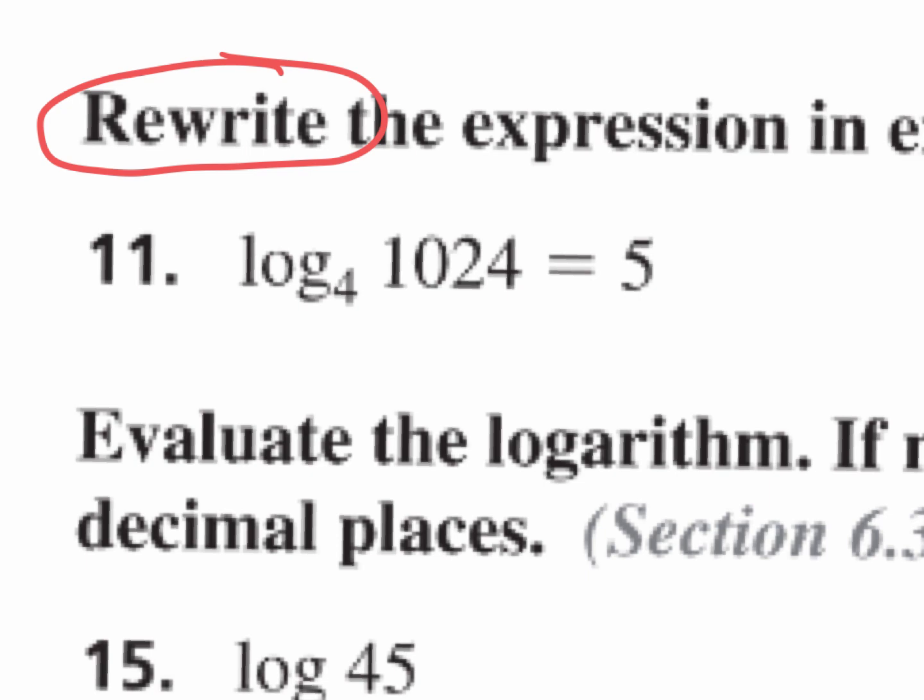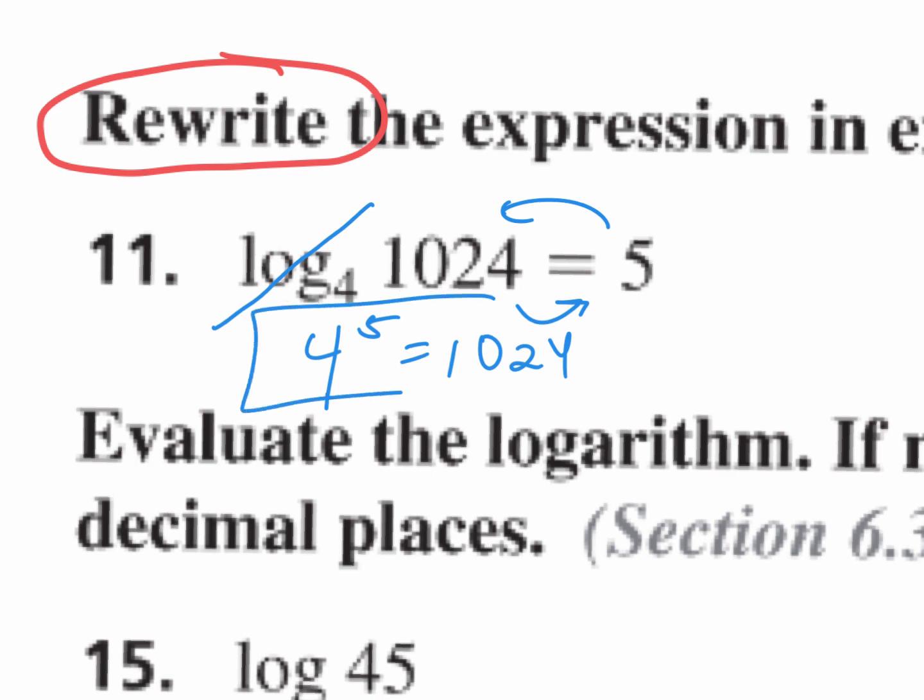So what happens when I go from log to exponential? My log crosses off, and my little 4 becomes big. And then what happens with these two? Perfect. Now, guys, the beauty of this, if you have your calculator in front of you, hit 4 to the 5th power. What does it say? 1024. If you rewrite it wrong, you can always go back and check and be like, oh, wait a second, I put the numbers in the wrong spot.